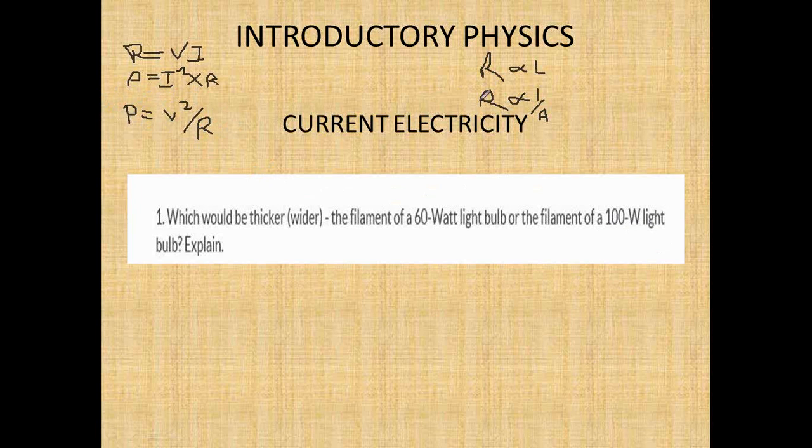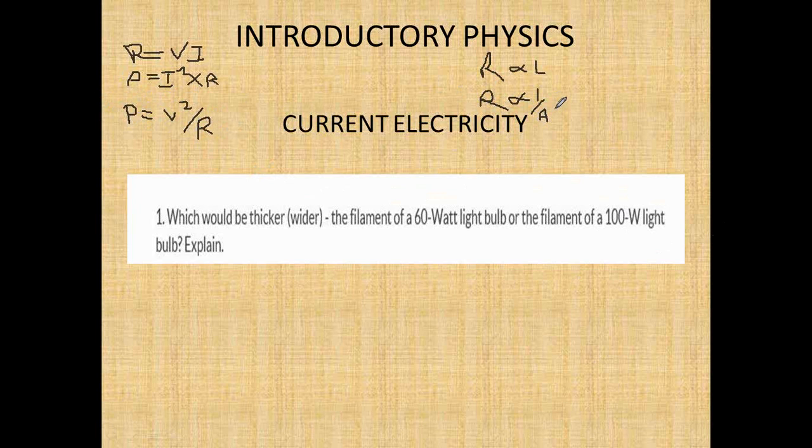To get a smaller resistance, you need a larger area. So the area has to be larger in the 100 as compared to the 60 because you have more power in the 100 watt bulb. So the more power, smaller resistance to get the greater power.